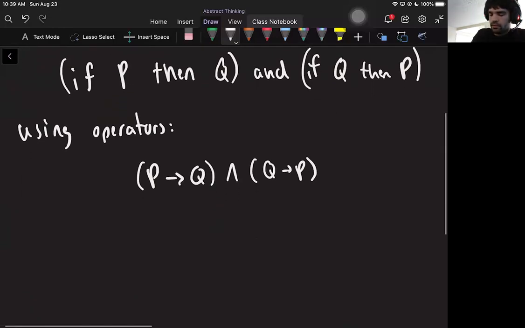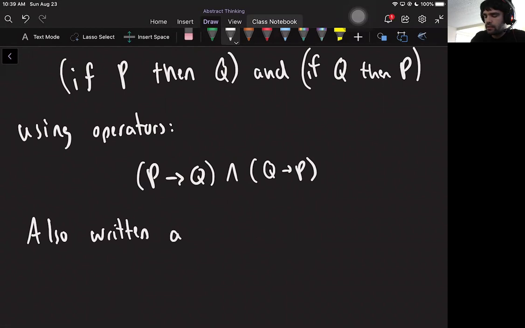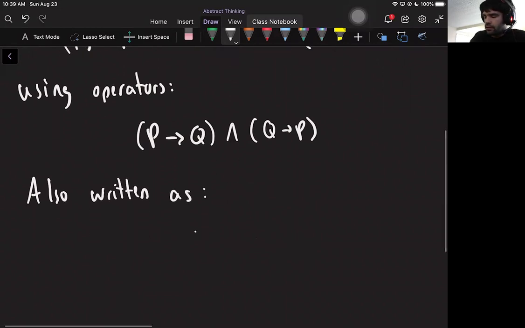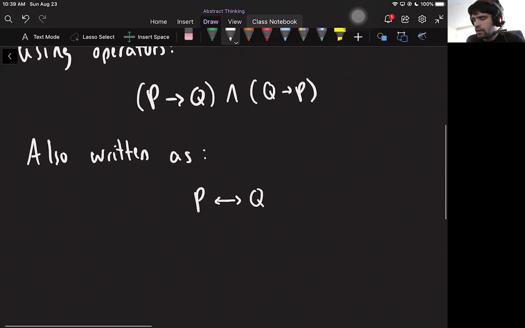But first, we'll do some examples and also see other notation. So you can also write this in a couple different ways. So one very standard thing is to write an arrow going back and forth between P and Q. So that's just saying if-then goes both ways.